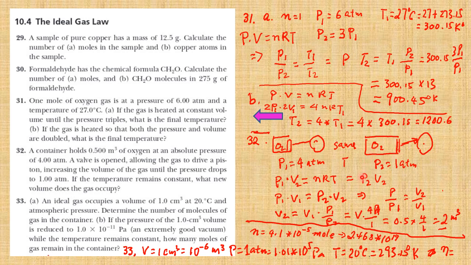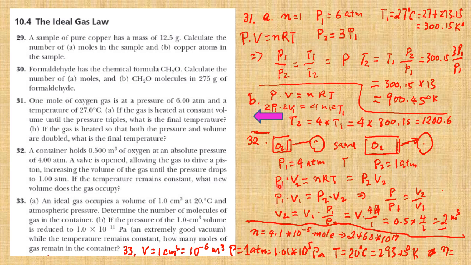So again, the ideal gas equation: P times V equals number of moles times the gas constant times T. But in this case, temperature stays constant. It is the pressure that pushes and does the work and expands, and then of course pressure drops, right? Because the volume gets bigger. So how do you solve this one?